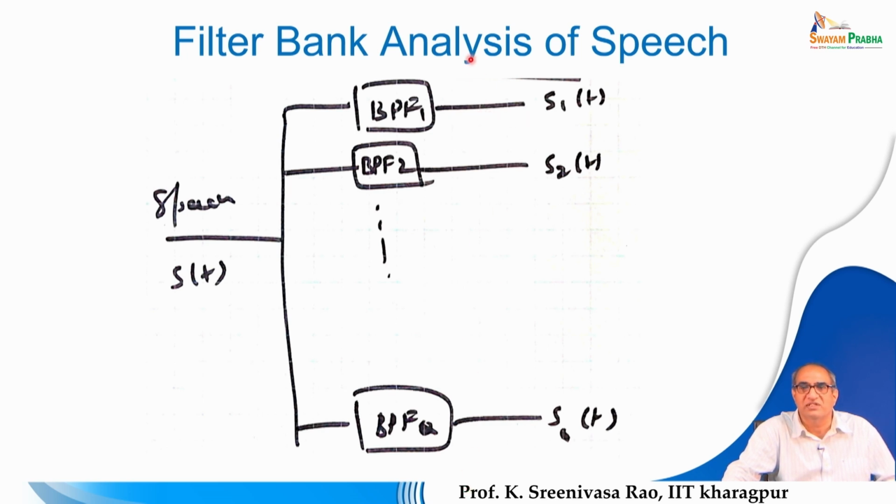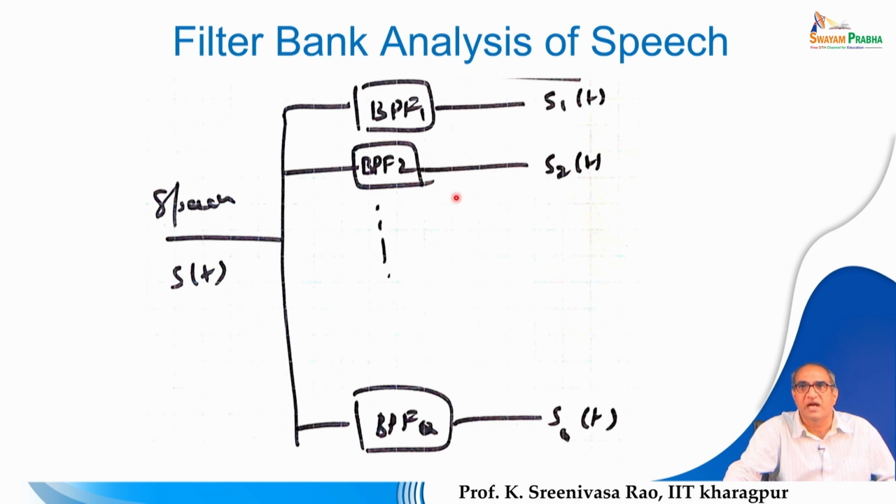And if you analyze the energy content in each filter output, the sequence of these energies can be viewed as a feature vector, which can be used for various speech tasks such as speech recognition, speaker recognition and so on.